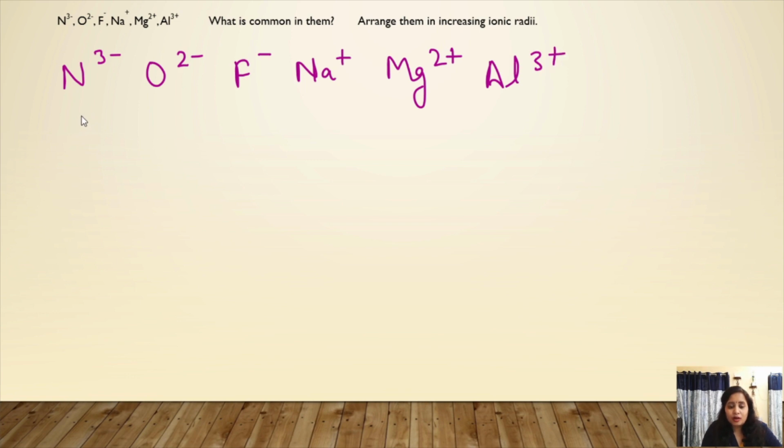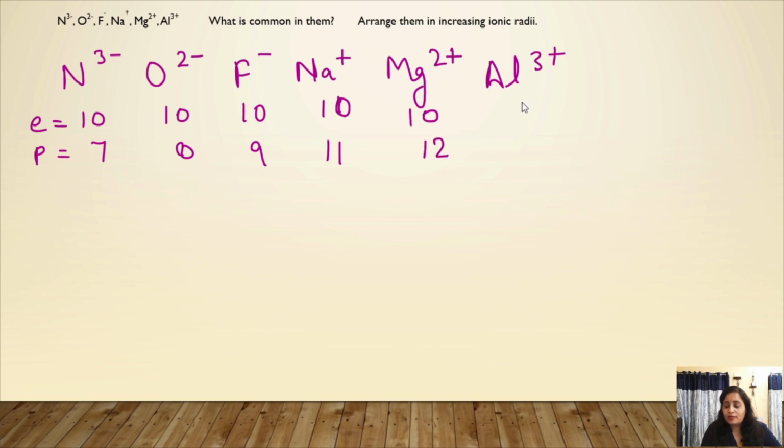So all are 10, 10, 10 electrons. Here electrons 10 and protons 7, here 10 and 8, here 10 and 9, here 10 and 11, here electrons 10 and protons 12, here electrons 10 and protons 13.